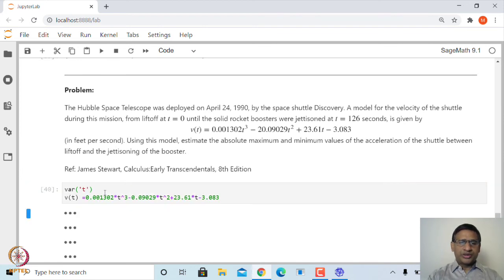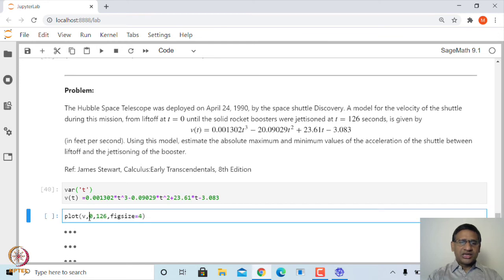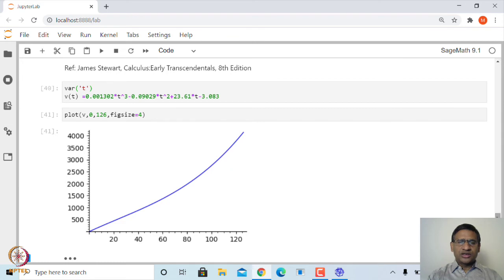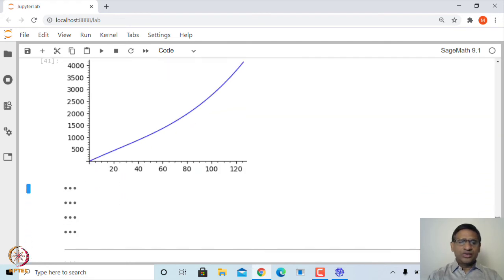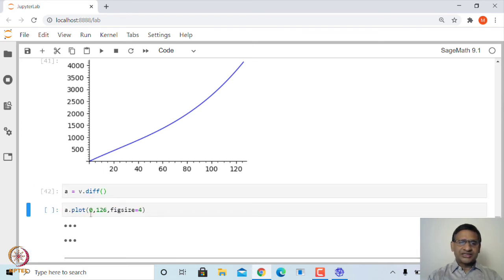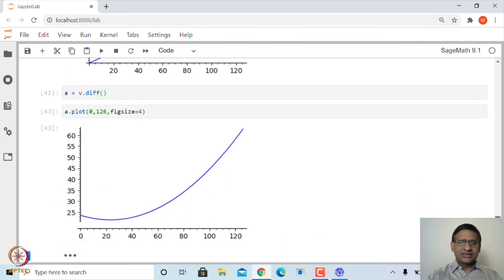So, let us define this function v. Let us plot its graph. The graph of the velocity looks like this. You can see here, this is not a straight line, it is going like this. Let us now find the derivative of the velocity, which I have stored in a, that is the acceleration, and if you plot the graph of this acceleration, this is how it looks.